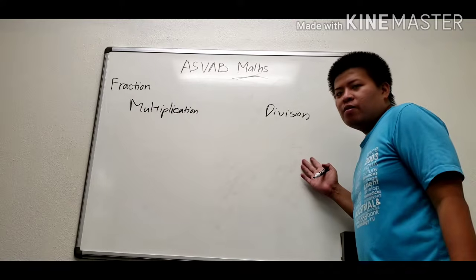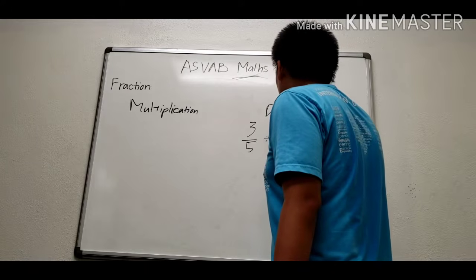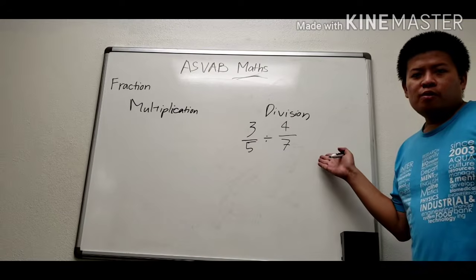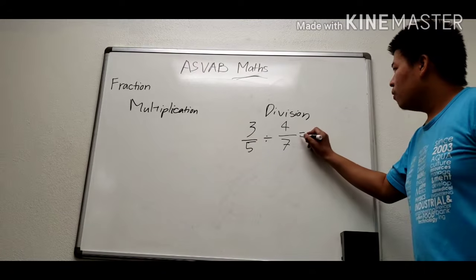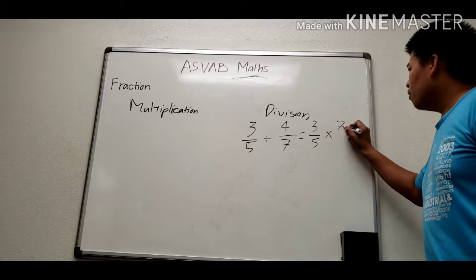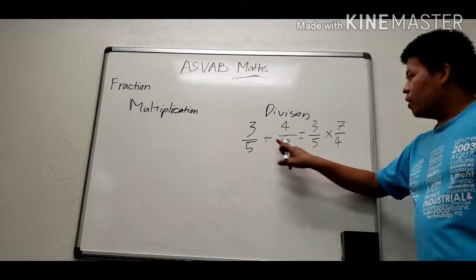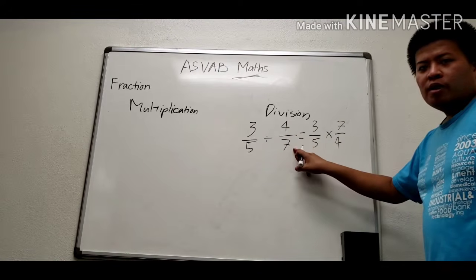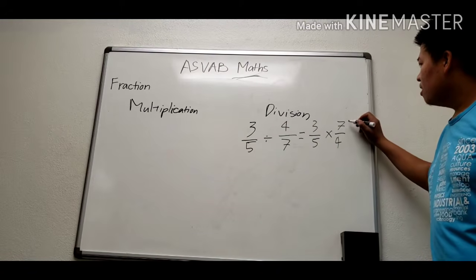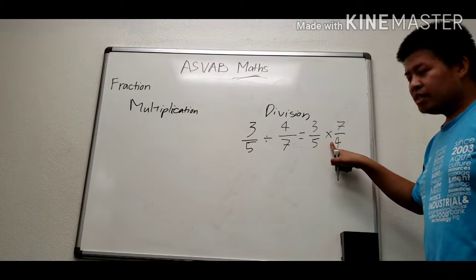The next one is about division. We have 3 over 5 divided by 4 over 7. When we want to do the division, we need to put 3 over 5 multiplied by 7 over 4. In this division, 4 will go to the numerator and 7 goes to the denominator, so we have 7 over 4, and the division changes to multiplication.